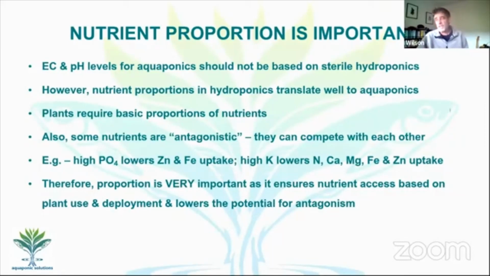If there's too much potassium, that can lower the ability of the plant to uptake and use nitrogen, calcium, magnesium, iron and zinc. That's a lot just from having the wrong proportion of potassium in the system. Therefore, proportion is very important. And so that's what my model is also based on, getting the proportions of nutrients right compared to each other, the relativity. It's not strength. It's just the proportion of one to the other.